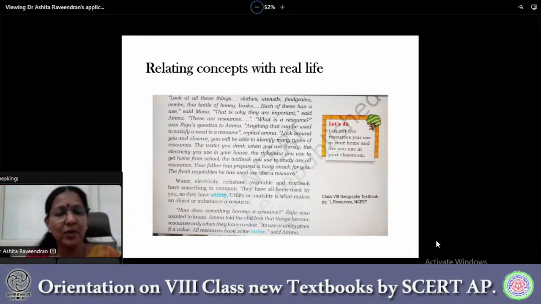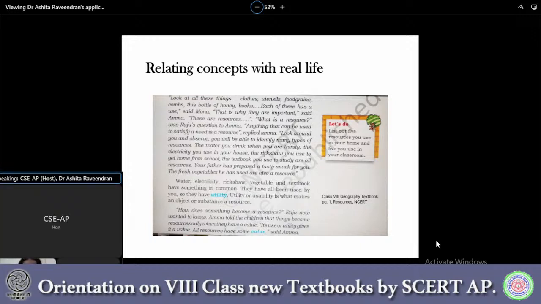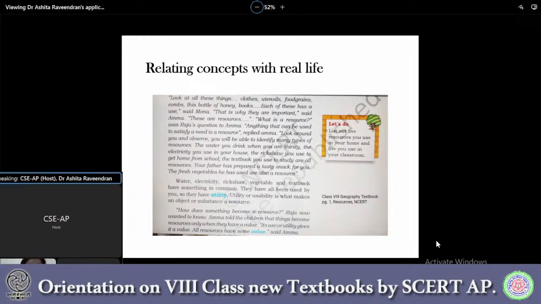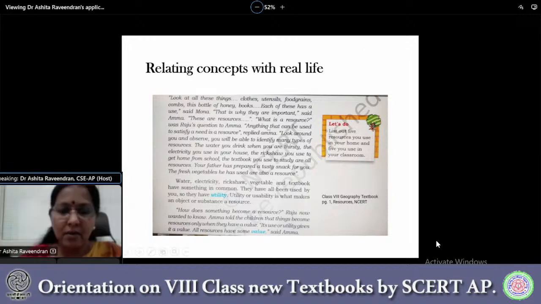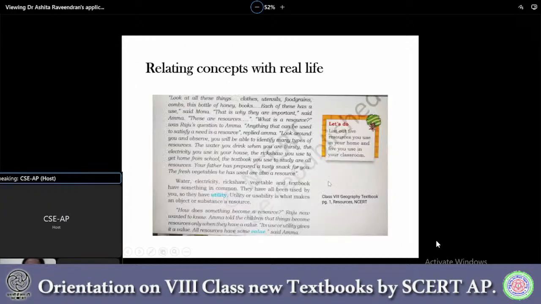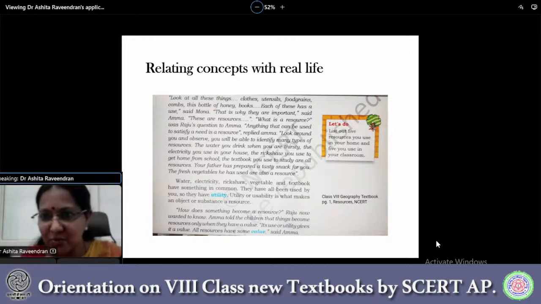Madam, excuse me. Participants are requesting to zoom the slide, madam. They are unable to see the letters. Actually, it's in the slideshow size itself. These clippings have been taken from the textbook, so I think only this much big it will be.